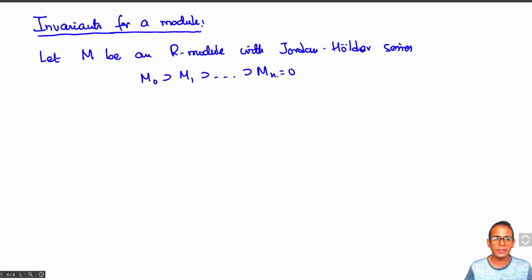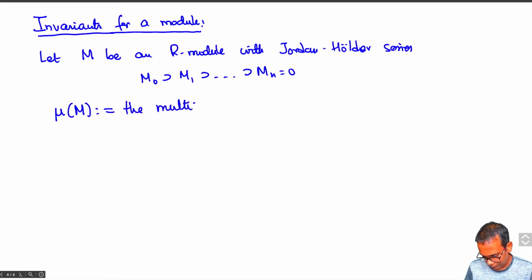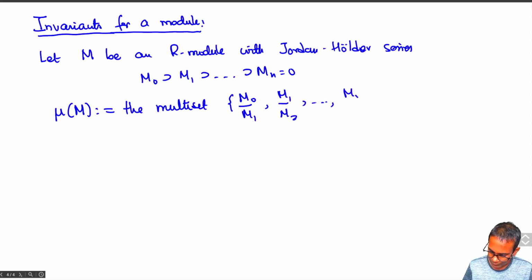So this is going to be strict and these quotients are going to be simple modules. We'll define mu of M to be the multiset M_0 mod M_1, M_1 mod M_2, ..., M_{n-1} mod M_n.